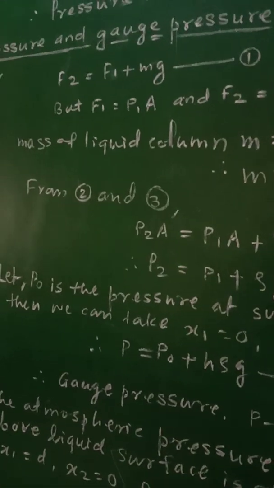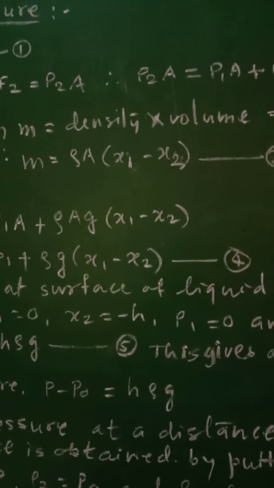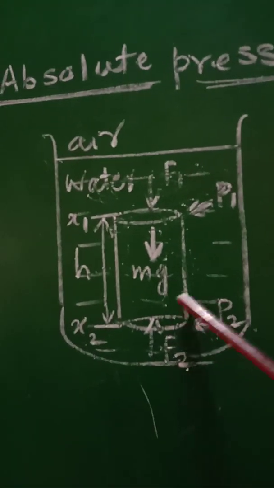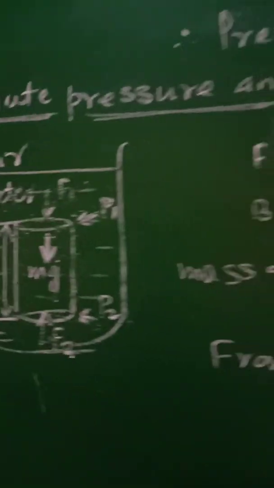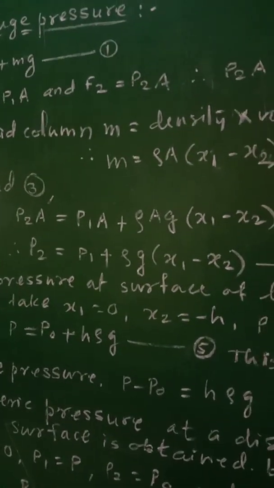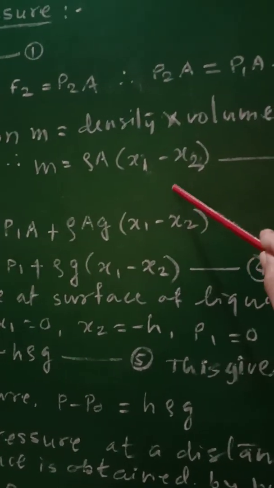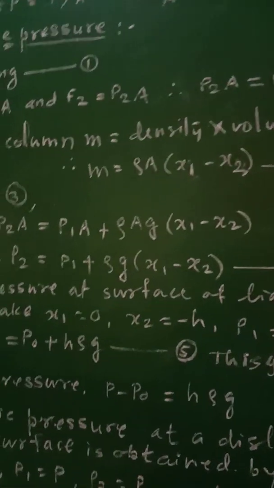A into x1 minus x2 represents cross-sectional area into height, and it is nothing but the volume, and therefore the mass of that liquid column m will be equal to rho A into x1 minus x2, which is nothing but h, equation number 3.